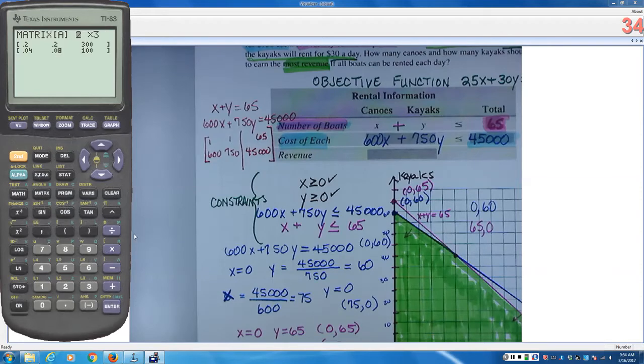So matrix A needs to be a 2 by 3, which it is. And its elements are 1, 1, 65, 600, 750, 45,000.